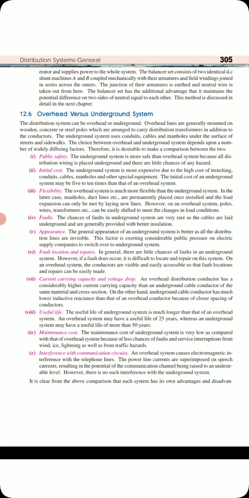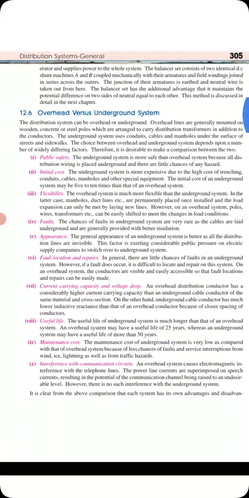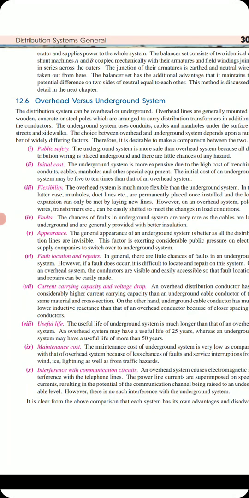Next is faults. Obviously faults in the underground system are very rare, but finding the fault is very difficult. We can consider it as an advantage and also a disadvantage. Faults are very rare, but if a fault happens, it is very difficult to trace. Appearance is very good in the underground system.